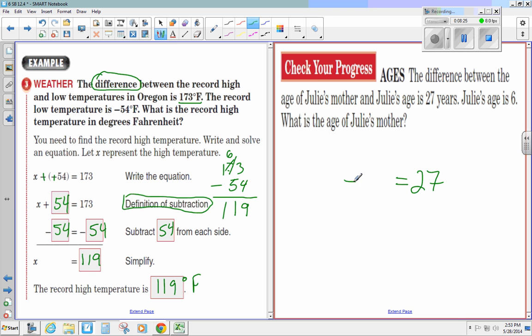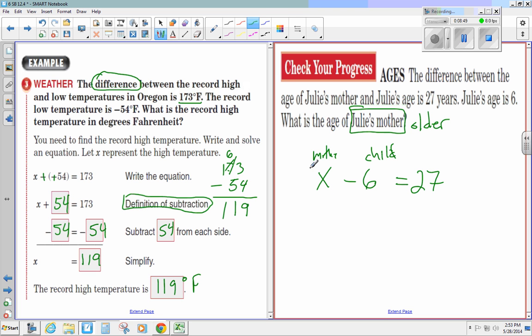So obviously Julia's mother is older. So we're going to give her the variable. Julia's age is 6. And so the difference between the mother's age and the child's age is 27.